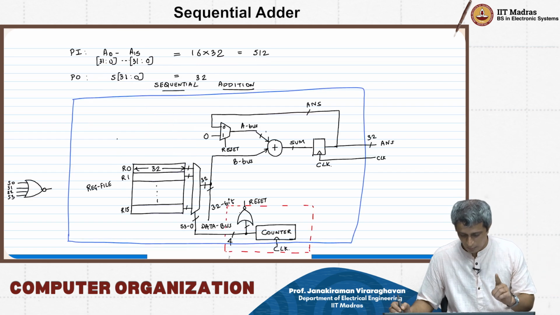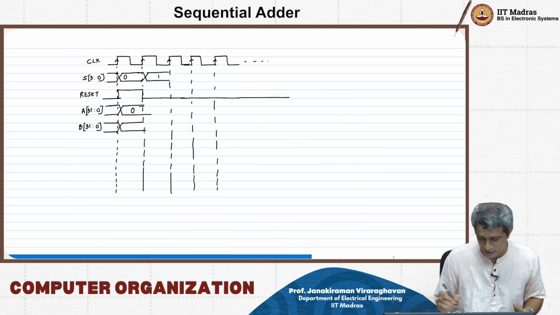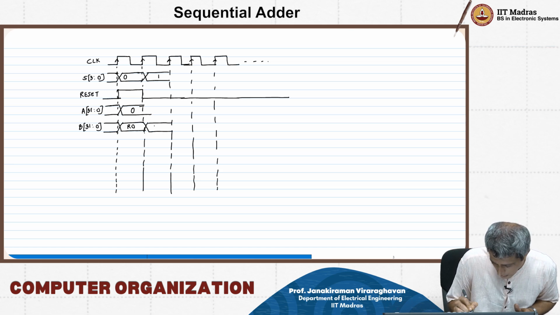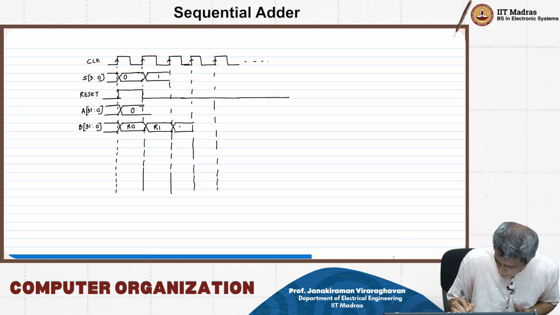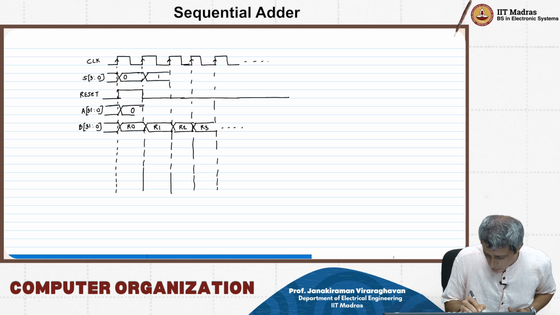The multiplexer select input is all zeros, so it will select the value of R0 onto this, right. In the next cycle, you will get R1, next cycle R2, R3 and so on. Now what will happen to my A bus?